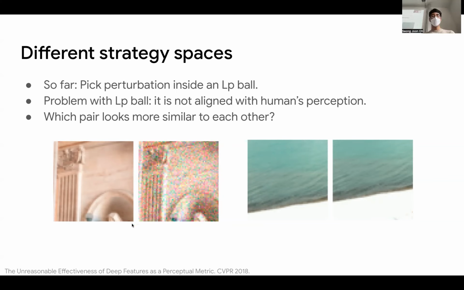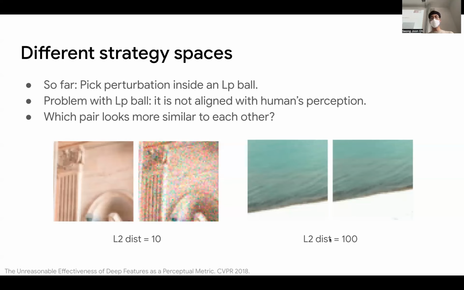The question is, which pair looks more similar to each other? These two or these two? If you measure in terms of L2 distance, which is just taking the difference between the pixel values in the corresponding coordinates and taking the L2 norm, the right figure has a much higher L2 distance.